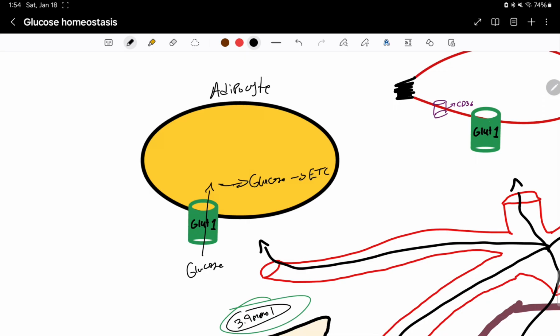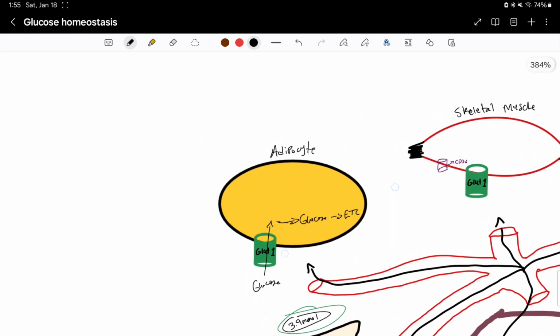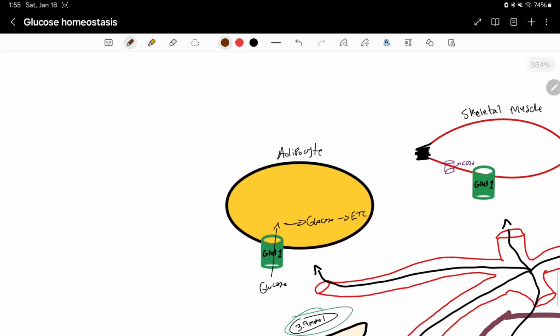But they actually have a very low, both the adipocyte and the skeletal muscle, they have a very little need for glucose in fasted state because they actually use fat as a substrate for energy. They actually use fat as a substrate for energy. That's why.